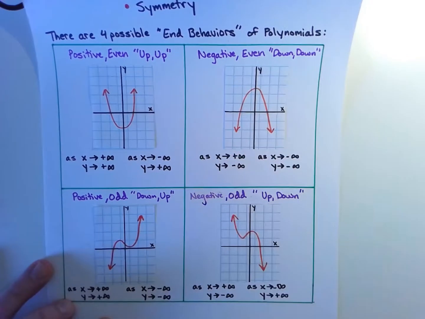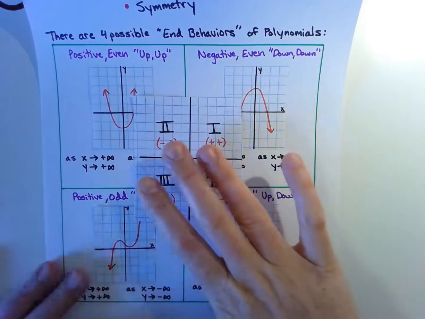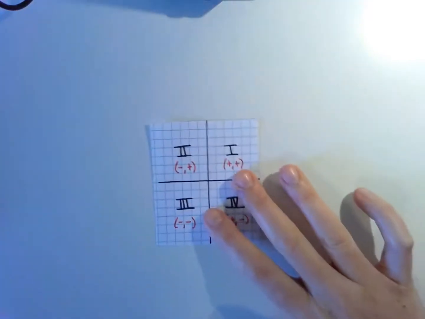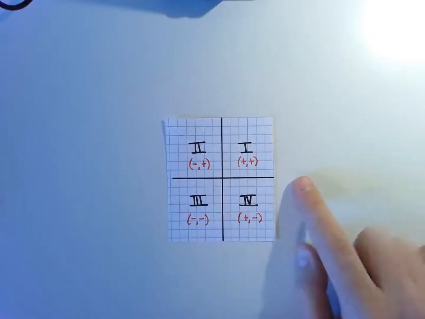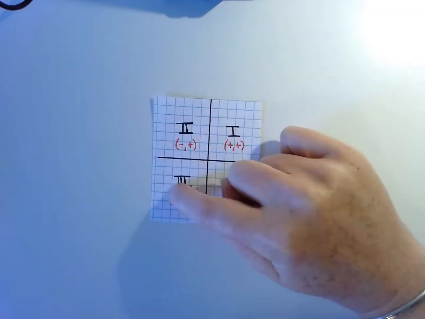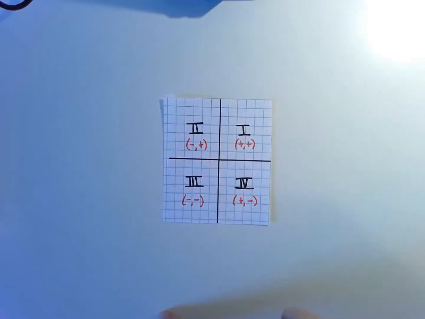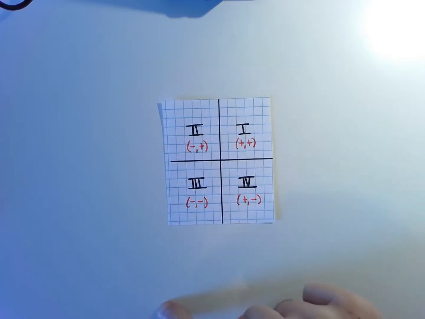What I do is think of it as the basic setup of your quadrants. If the end of your graph points toward a particular quadrant, it behaves very similarly to that basic setup from when you first learned about the coordinate plane.